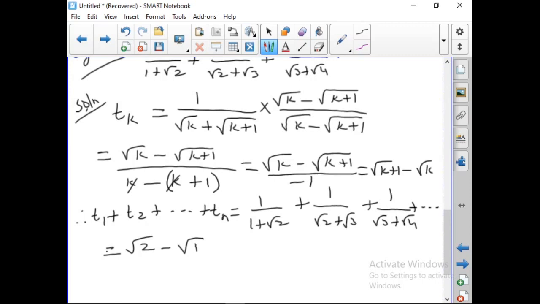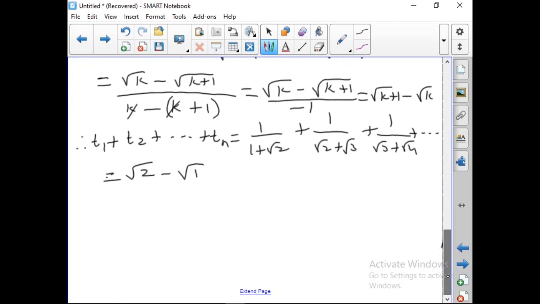Okay, sorry, I have made a mistake here. So now, the first term is root 2 minus root 1. What is the second term? Root 3 minus root 2. Third term, root 4 minus root 3. Okay, it goes on like that. What about the nth term?